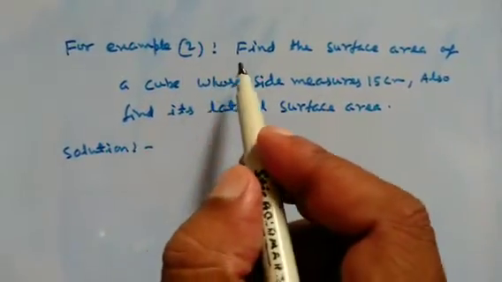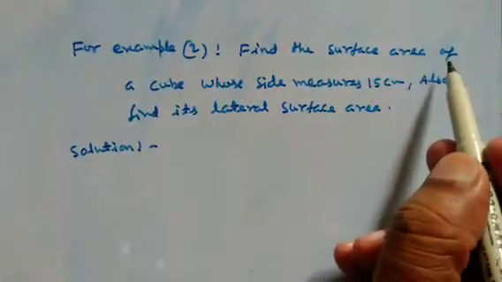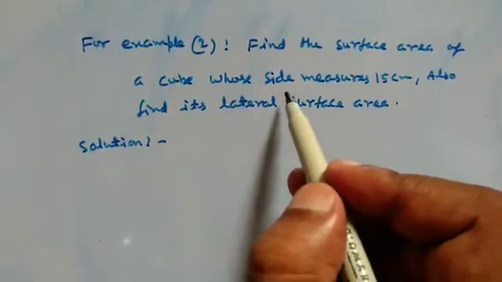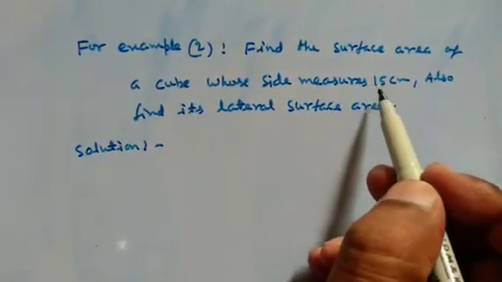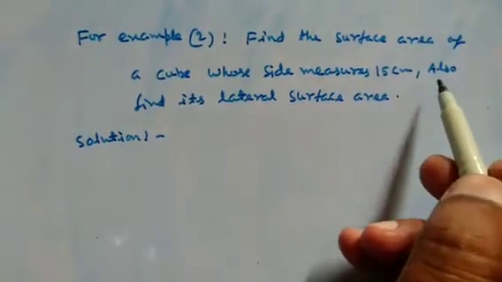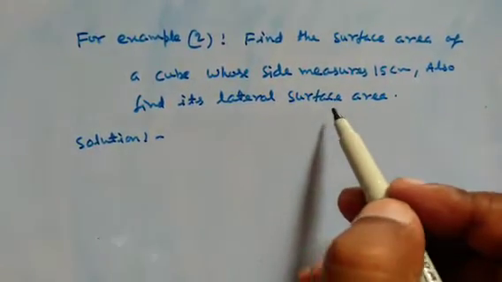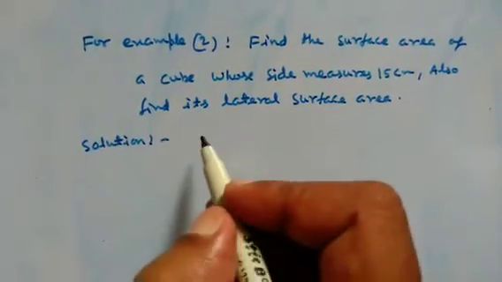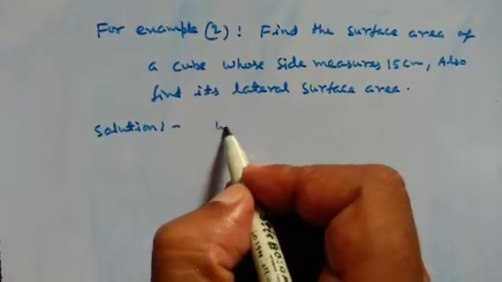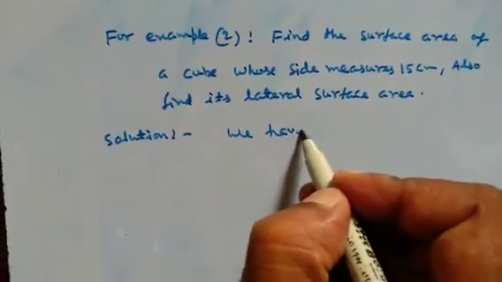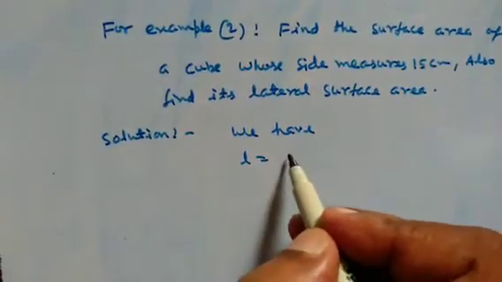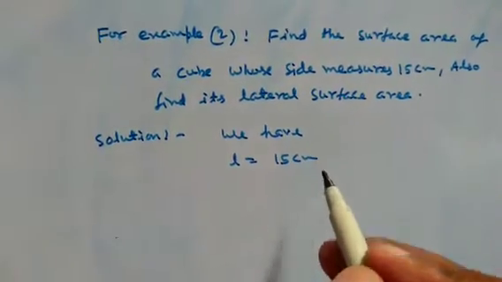For example 2, find the surface area of a cube whose side measures 15 centimeter. Also find its lateral surface area. Solution: we have L equal to 15 centimeter.